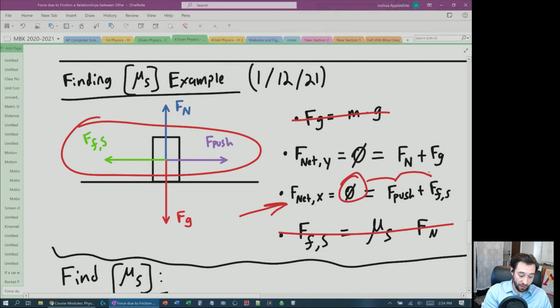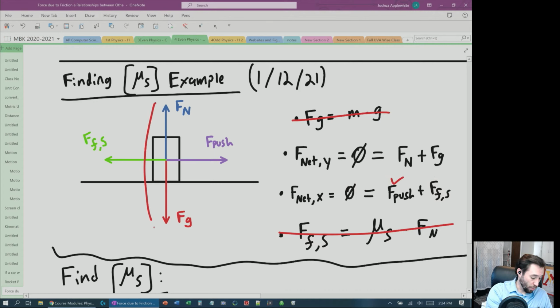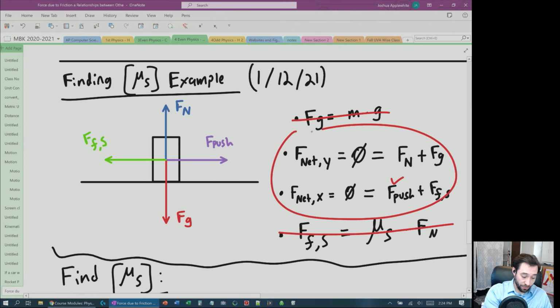We just added the two forces that were present in the X axis. And we did the same process with the Y axis to get this equation. We know that it's not changing its state of motion vertically, so the net force must be equal to 0. And then all we did was add up all the forces that are in the Y axis. So that's how we got these two.